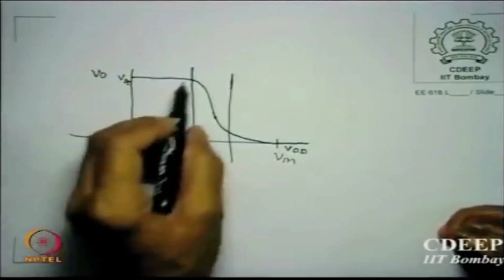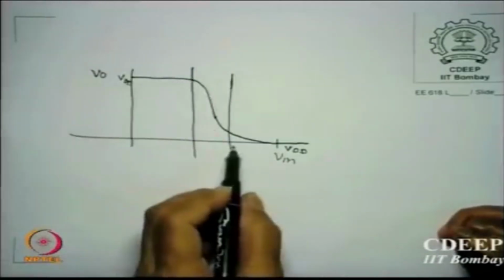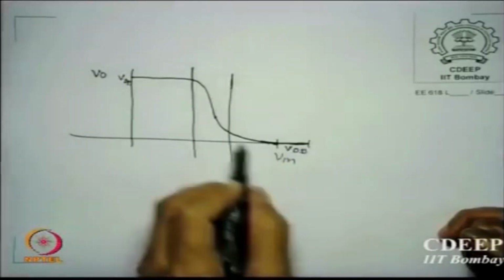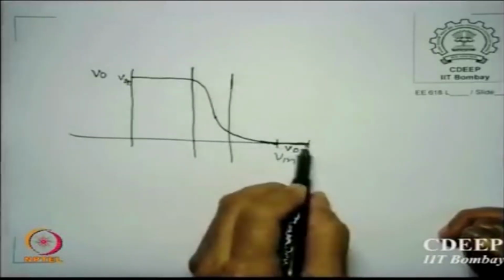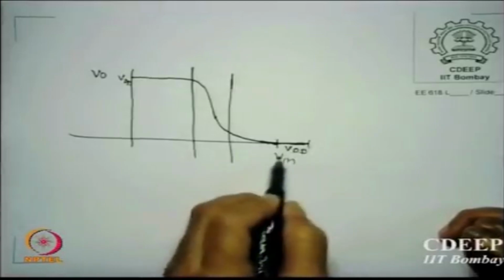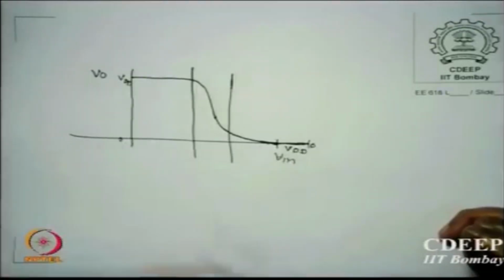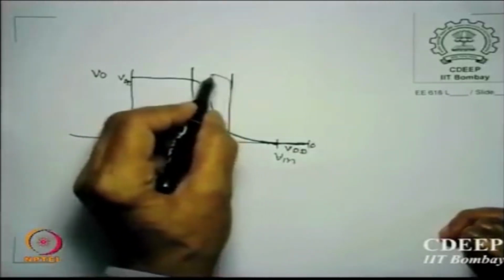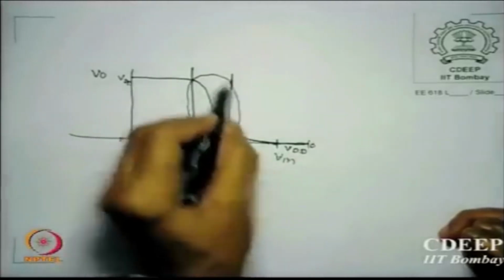Anything V in less than somewhere here, V out remains high. Anything beyond a certain value of V in, the V in becomes VDD, this becomes 0. This is what a normal inverter shows. And we normally don't worry about this part.